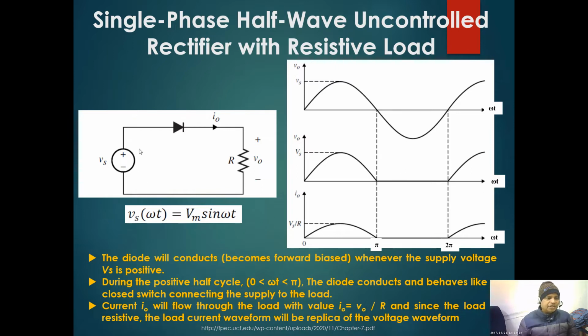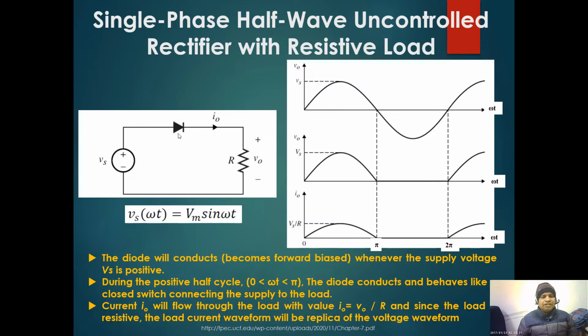You can see here, this is our source voltage and this is our diode, and this is our I0, the load current, and a resistance is connected here as the load. The load voltage is V0. When you apply a voltage Vm sin omega t on the input side, you can see the first figure is our Vm sin omega t.